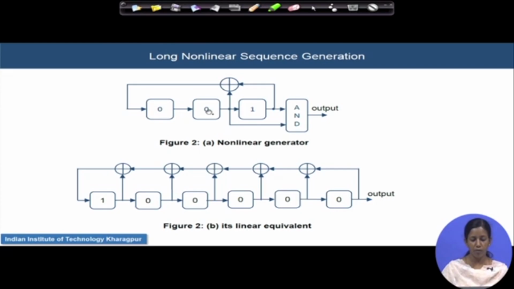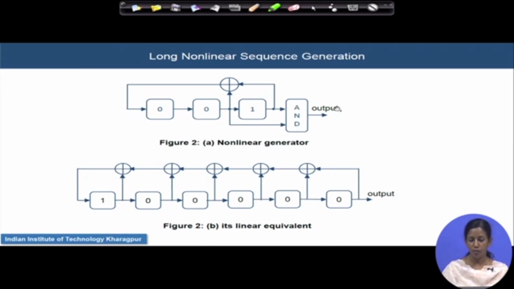The values kept inside are their initial values, and stages number 2 and 3 contribute to the feedback path. We improvise nonlinearity not by changing the feedback architecture, but by taking the output of stage 2 and stage 3 and feeding it to an AND gate, and the final output is taken from there.